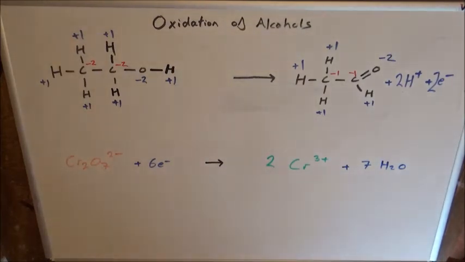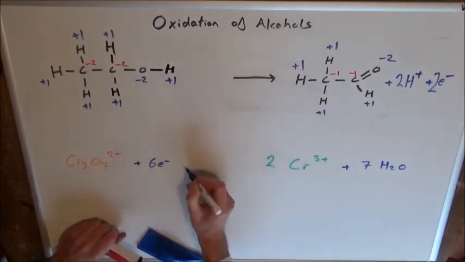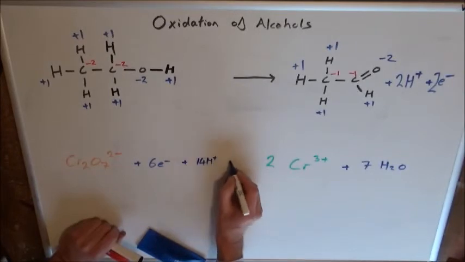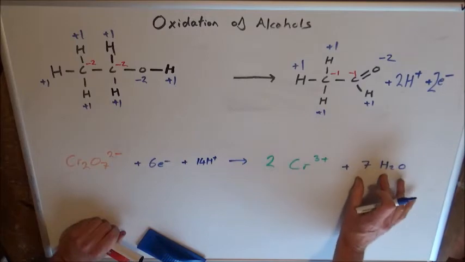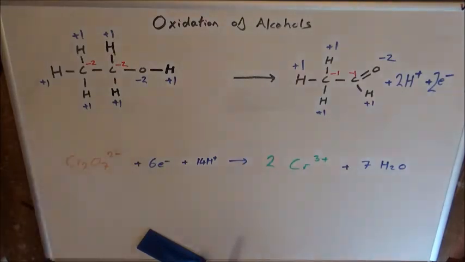We balance those by adding protons on the left. So I have to put 14 protons. There are 14 hydrogens there, obviously in 7 H2Os, so we need 14 protons on that side. And that is our half reaction for the reduction of dichromate(VI) to chromium(III).